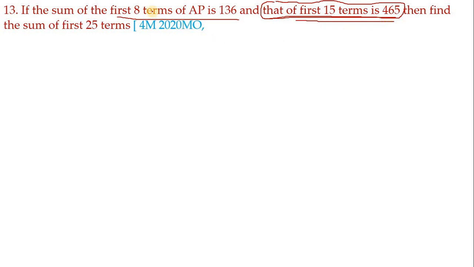Next 15 terms means you have to take from the 9th term, A9, to the next 15 terms, so you will get up to A23. That they are not saying. This is not next 15 terms. It is that of 15 terms, means from A1 to A15 only. And what we have to find is the first 25 terms.